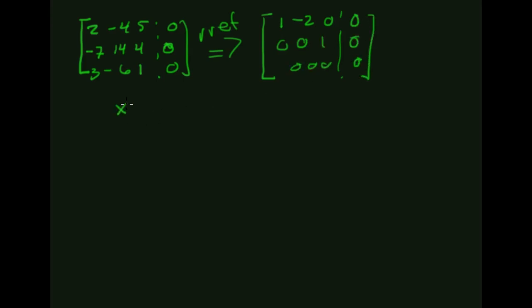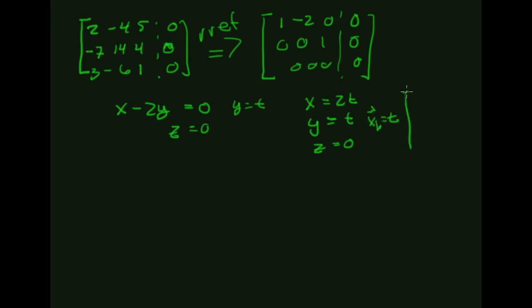So this means that x minus 2y is 0, and z is 0. If you let y be t, this means x is 2t, y is t, and z is 0, so this can be written as, this is my homogeneous vector, t times 2, 1, 0.